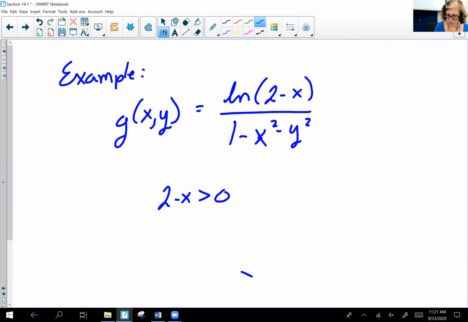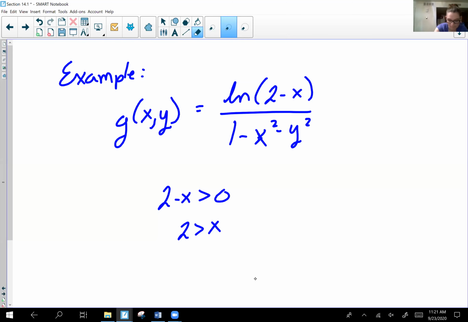I can move the x over, so x has to be less than 2. We all agree that's what's going on the top? All right, let's then check out what's going on the bottom.